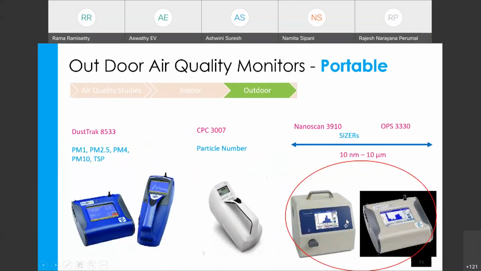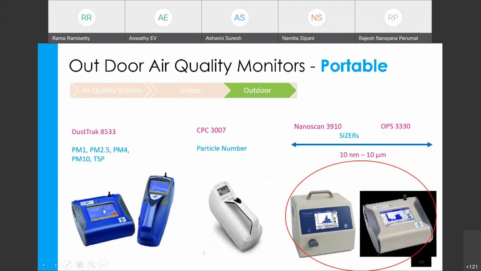And for example, if you want to carry the equipment and do experiments, then you can use these different types of equipment, where DustTrak can measure PM1, 2.5, PM4, and also PM10, and also total suspended particles. This also comes with a small gravimetric filter paper.